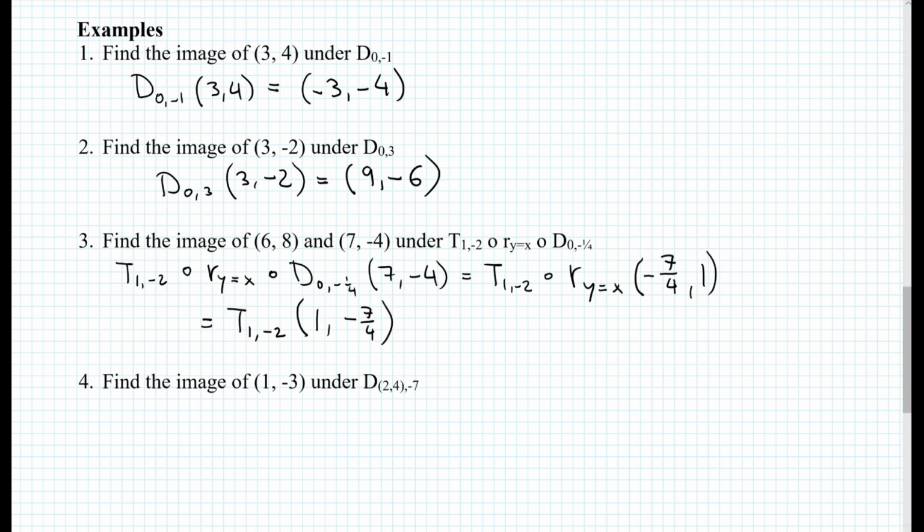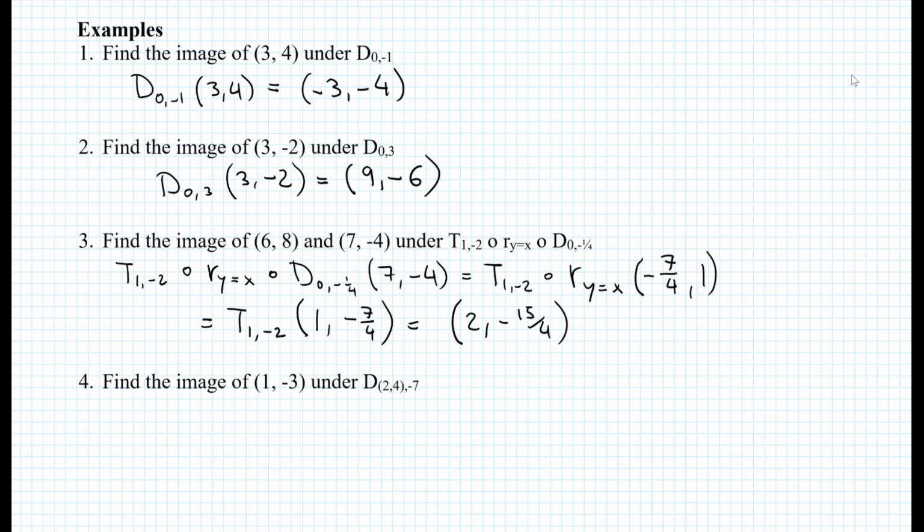And as you remember, when you reflect a point over the y equals x line, you swap the coordinates. (x, y) becomes (y, x). Now all we need to do is translate that point by an amount of (1, -2). And we end up with (2, -15/4).